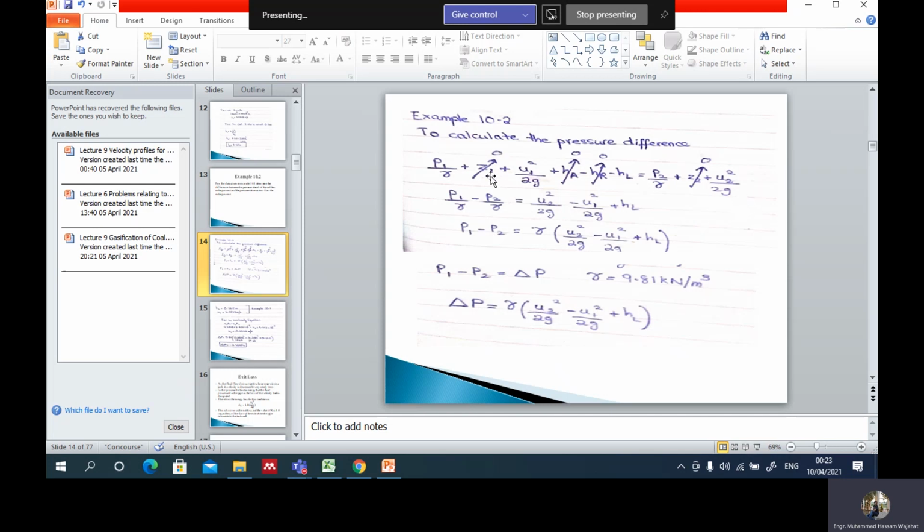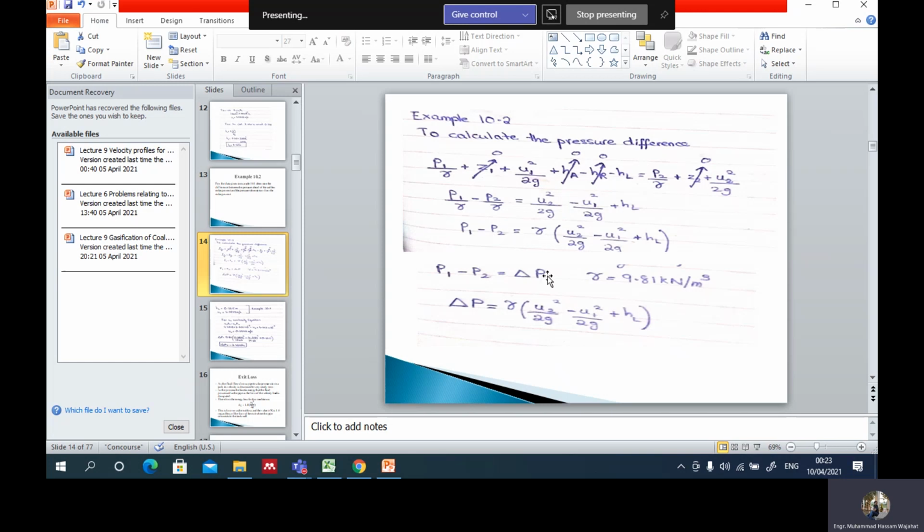We can easily cancel out Z1 and Z2 because they are on the same line, 0. There is no HA, there is no HR, also cancel out, 0. In the previous example, we were cancelling out U1 square and U2 square because the flow was in one pipe. Here two pipes are used, so you cannot cancel out U1 and U2 on your own.